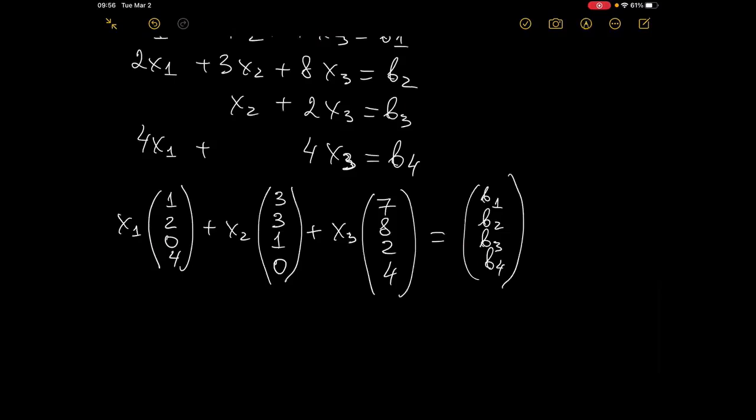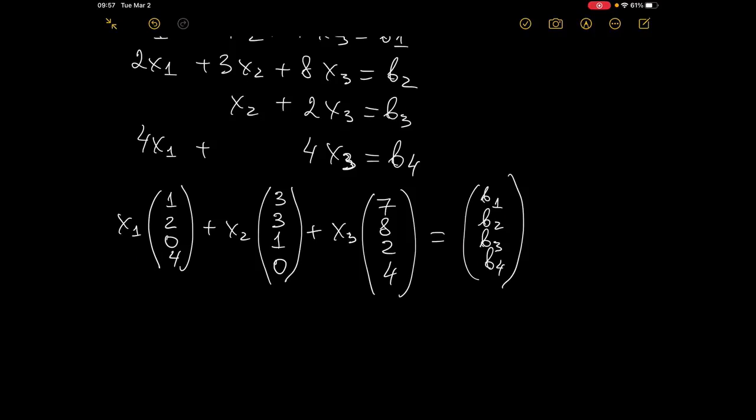So remember, when we multiply a column vector by a scalar, we need to multiply every component of the column vector, every entry. When we add column vectors, we need to add corresponding entries, right?